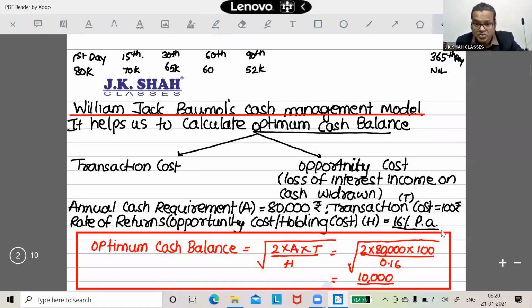So will I be losing actually 16% on the full amount? No, I am not going to lose on all 80,000 for the full year. So it's an average value, half of it, because starting full balance, ending zero balance, in between the balance will gradually go on reducing. So I take average 8%. You understood? Okay, fine.